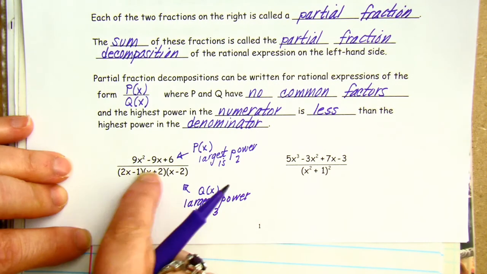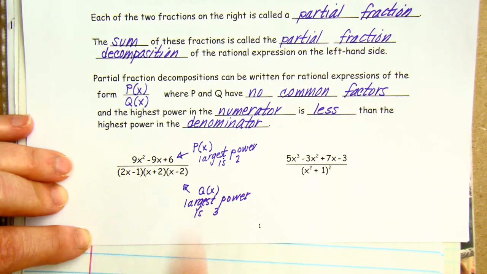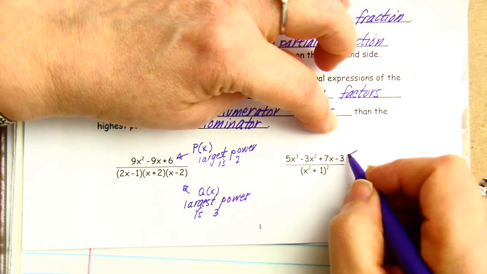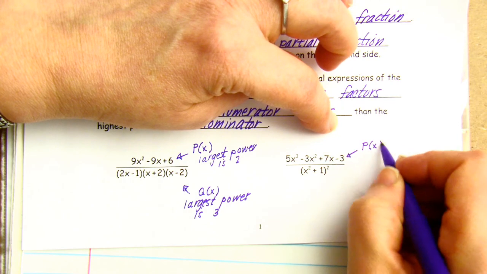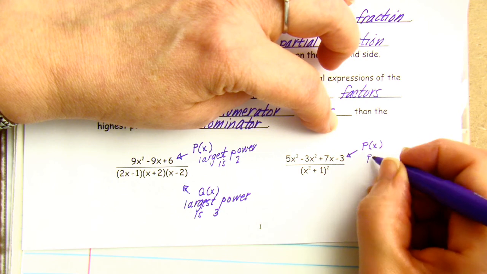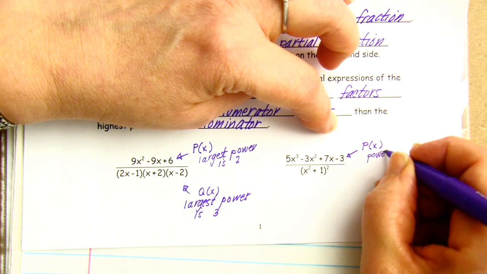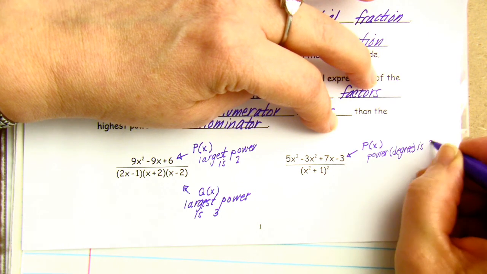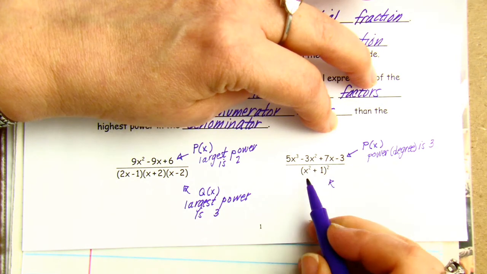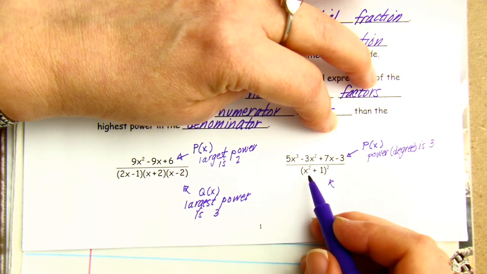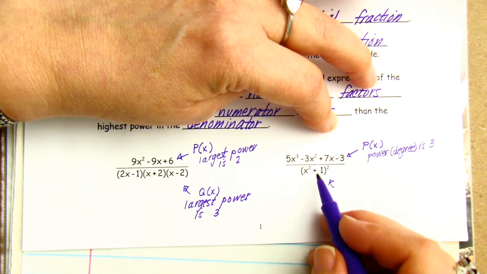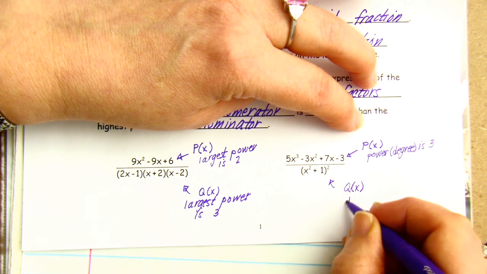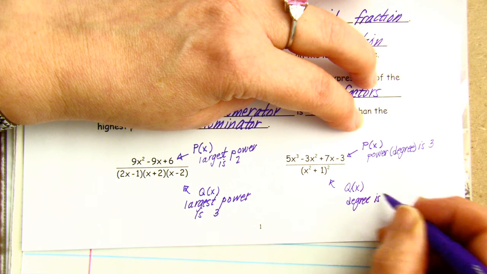And when we FOIL here, we'd get an x squared, and then multiply that x squared with that x, we'd get a power of 3. Here in the numerator, p of x power, or we could say degree, is 3. Now when we would square this, x squared plus 1, quantity squared, you get an x to the power of 4. So q of x degree is 4 after you square it out.